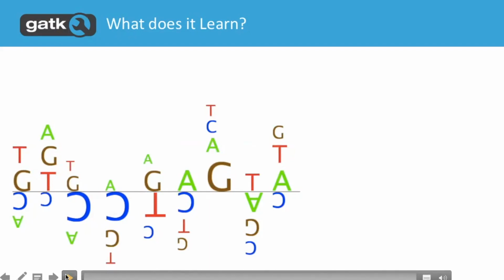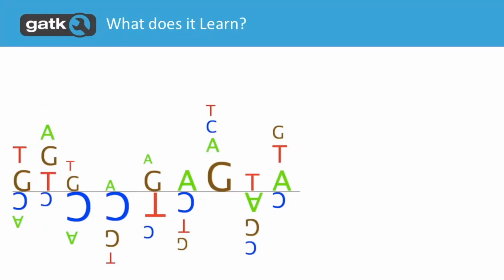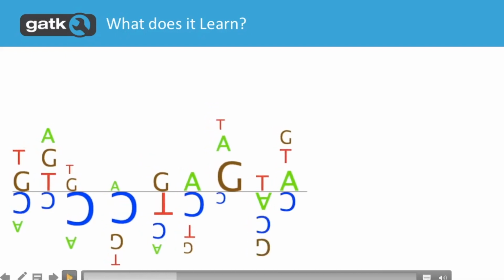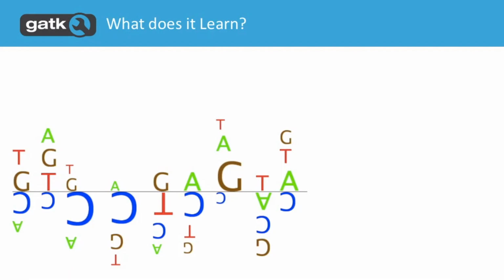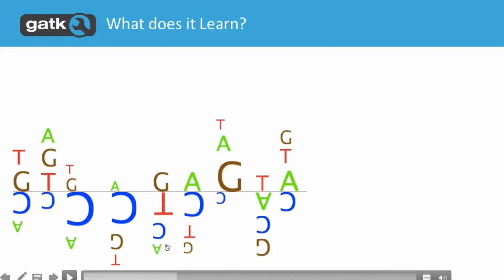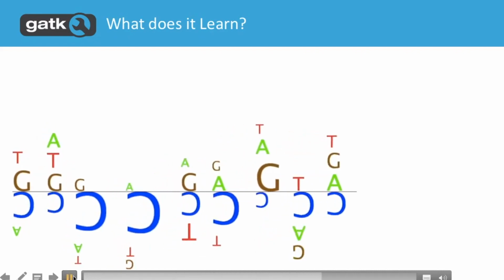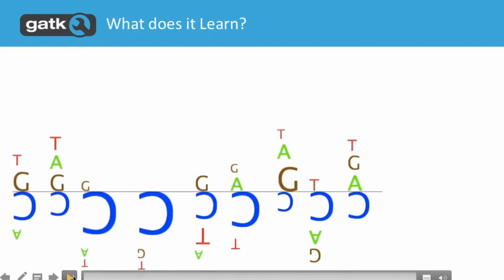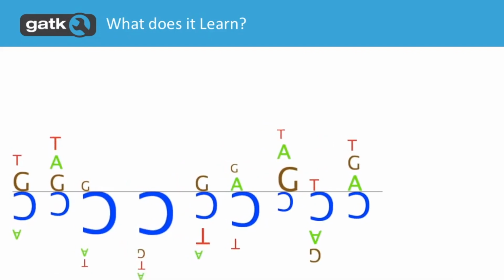We start off with completely random weights, just drawn uniformly from a uniform distribution, and we crank our deep learning machinery and train this, and finally we get this nice poly-C motif finder.